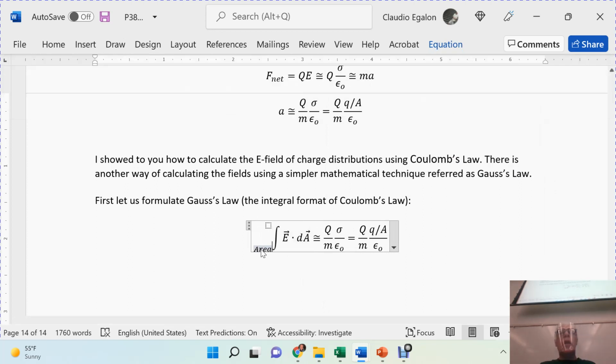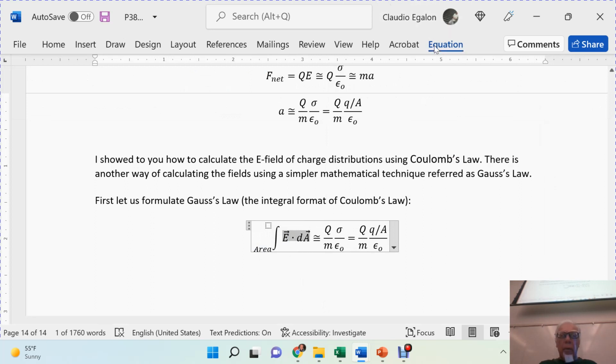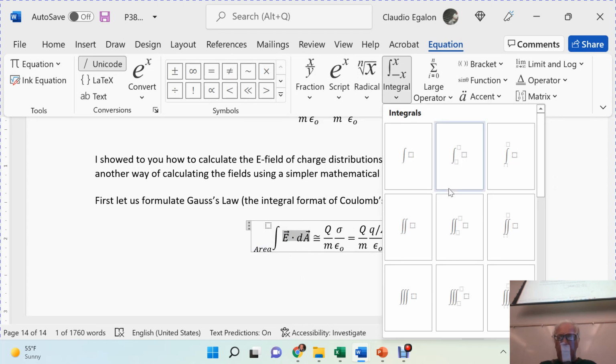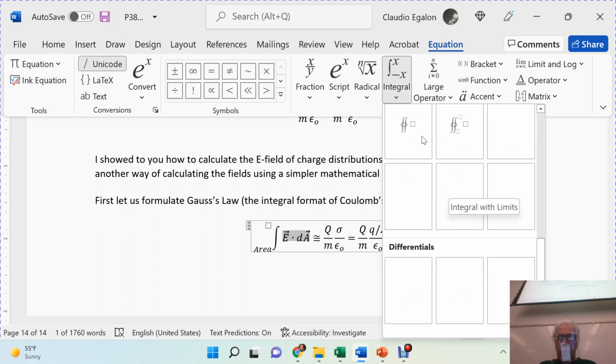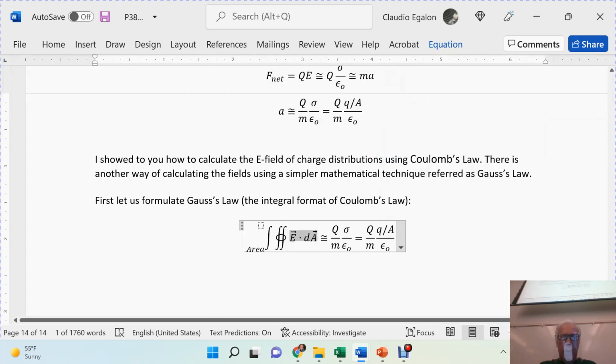I'm gonna tell you which area this one is. Oh, by the way, there's more to it. I've used the wrong integral. The actual integral that we use, here you go, this one here.